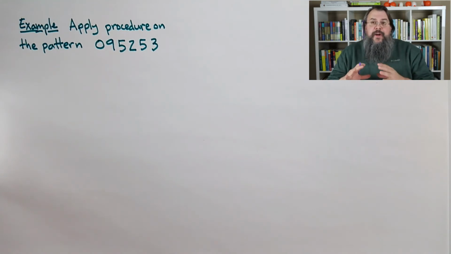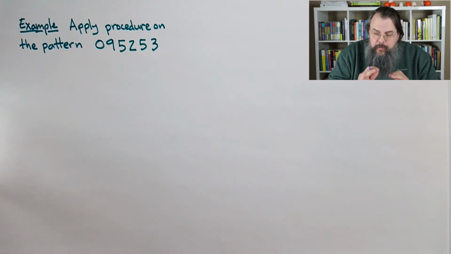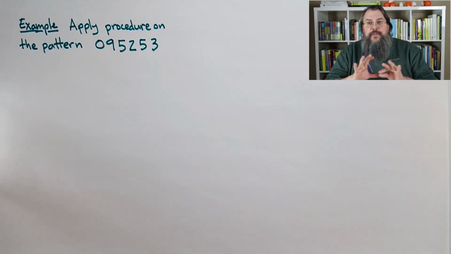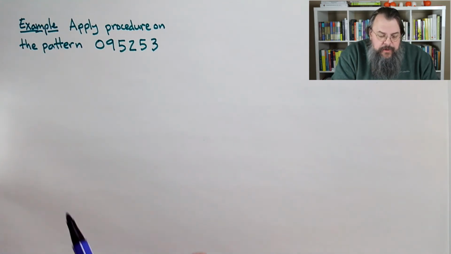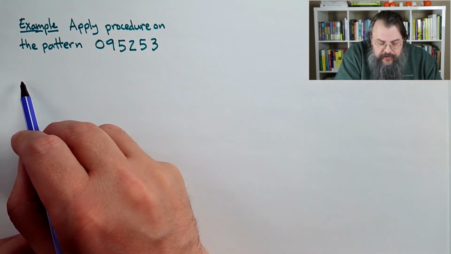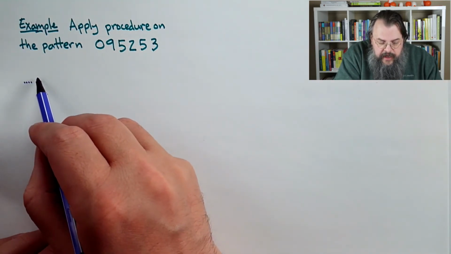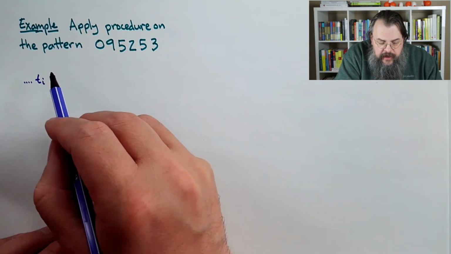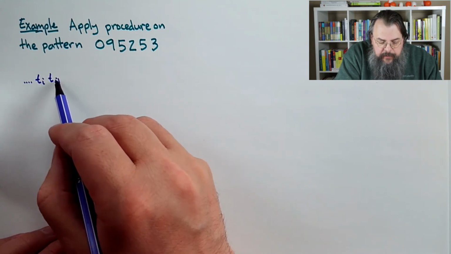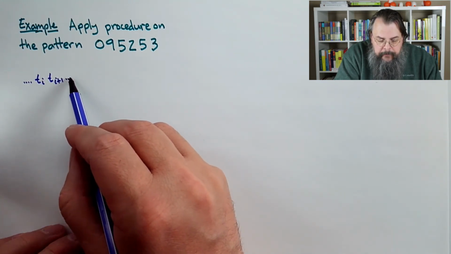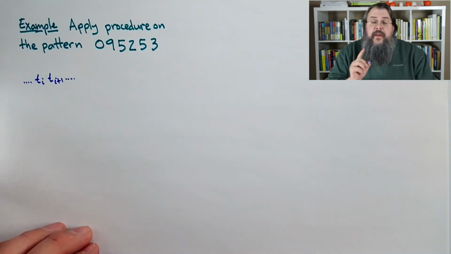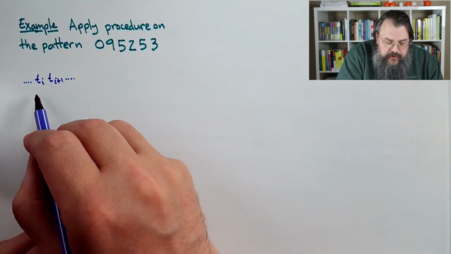Okay, so let's write down, just so we know what's happening, we want to make sure that we follow the procedure. So it says the following. Suppose you have somewhere a throw Ti and a throw Ti plus 1. And you have to have the following be true.